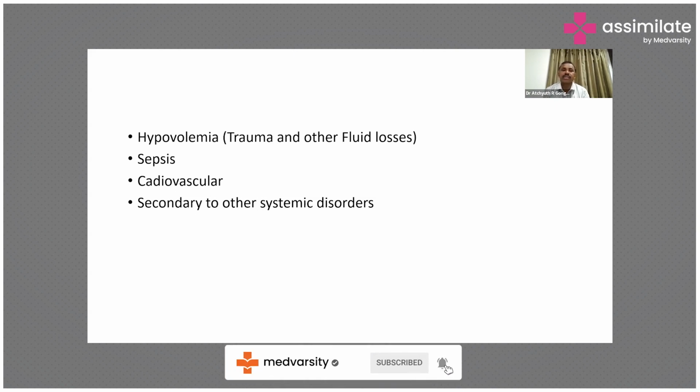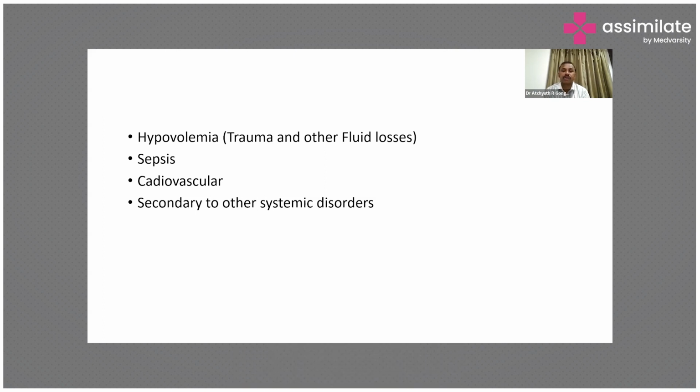So hypovolemia can be either because of trauma and blood loss, or it can be other fluid losses like GI, both upper and lower GI losses. And sepsis, we all know there is relative hypovolemia, and it's not just hypovolemia, there is also myocardial depression in sepsis.